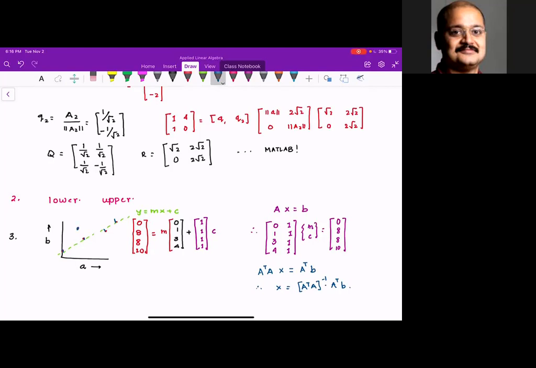Say if your point is over here, you can find out this projection, E1. The point is here. You can find out the projection E2, and then you will do E1 square plus E2 square, etc., and that will give you the answer.